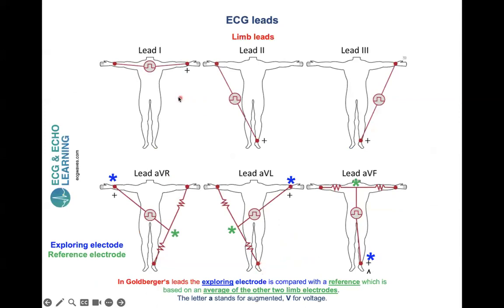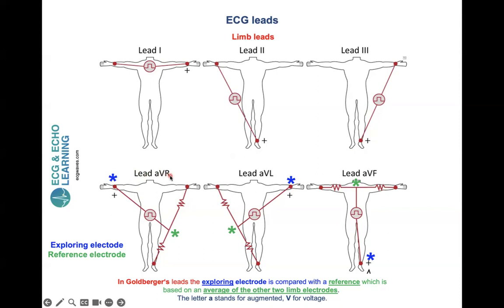So here we have lead 1, 2, and 3. The idea behind Goldberger's leads is the following. The exploring electrode, that is the plus electrode, is compared with a reference which is based on an average of the other two limb electrodes. So here is AVR. A always stands for augmented, V for voltage, R for right arm.